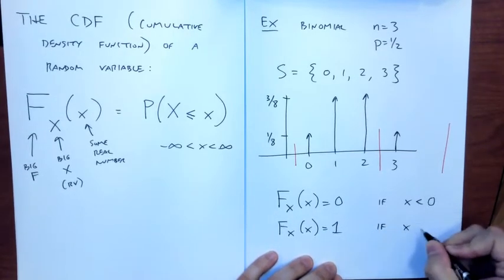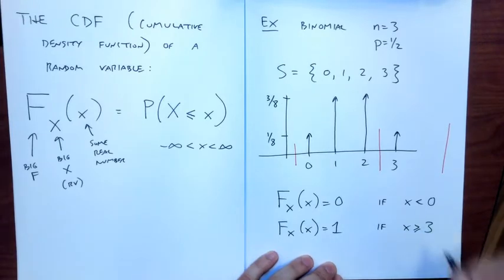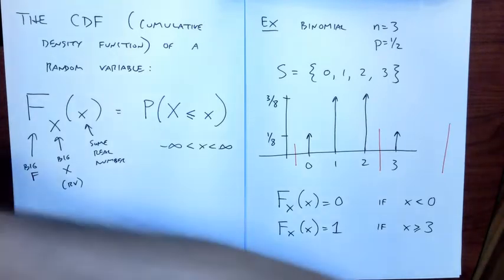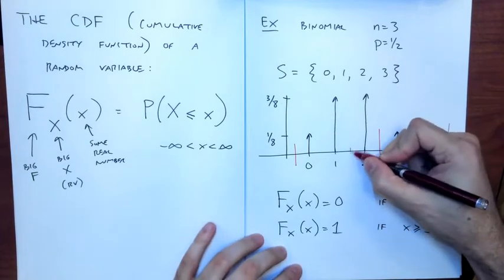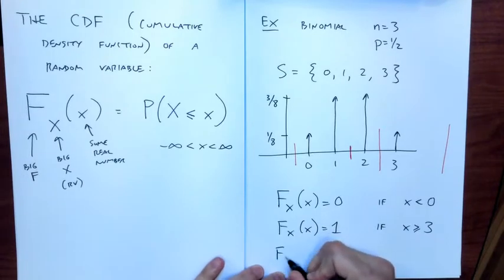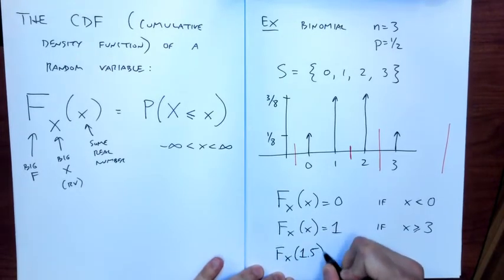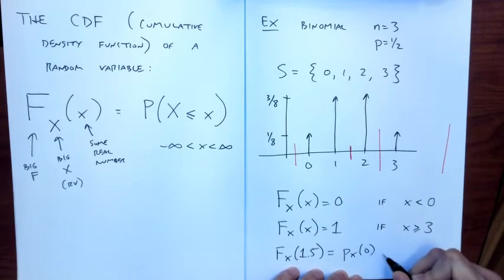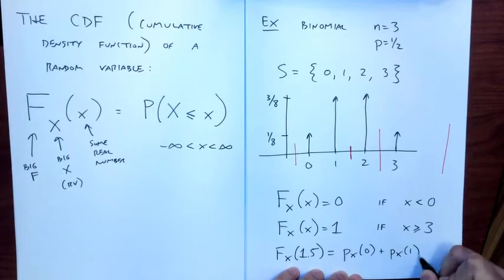So if x is greater than or equal to 3, then I have everything, right? And then I can ask about the probability of any number. So the interesting stuff, of course, is happening between 0 and 3, right? So if I were to ask for what's the probability that I'm less than 1.5, for example, right? So the CDF of 1.5, what I would get would be I would add up the impulse at 0 and the impulse at 1, and that would equal 1/2, right?